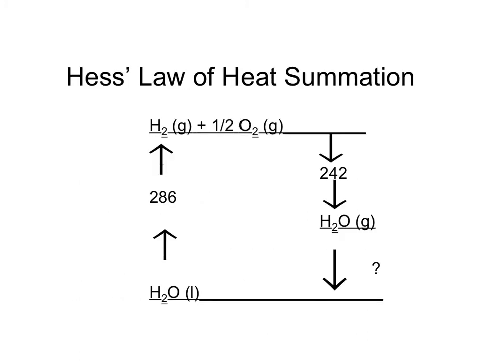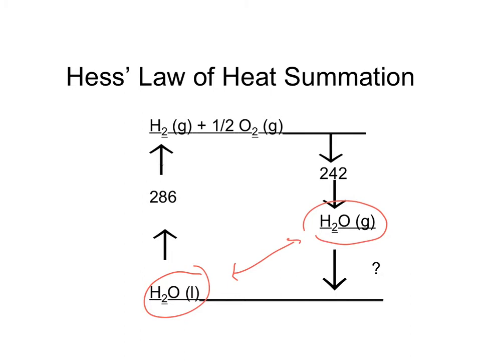So let's say I wanted to go from liquid water to gas phase water. So I wanted to heat it. I wanted to convert it by heating. And for some reason, I don't have a way to get that directly. So let's just say my thermometer is broken, okay?